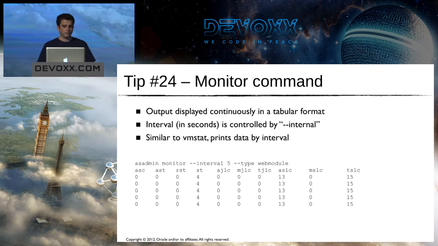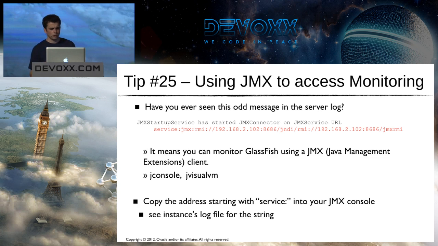I'm not sure if you're familiar with the tools you can find on Linux, like vmstat or this kind of thing. Maybe netstat does the same. So you have a command that accepts an interval, and then it will just keep printing out all the monitoring data. I'm just going to show you this on the web module.